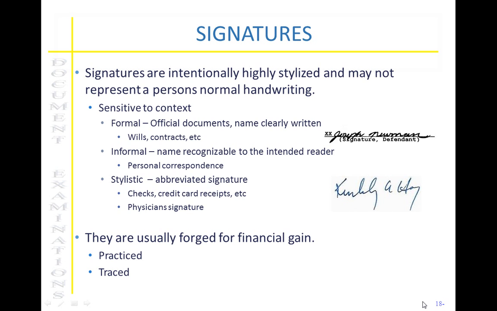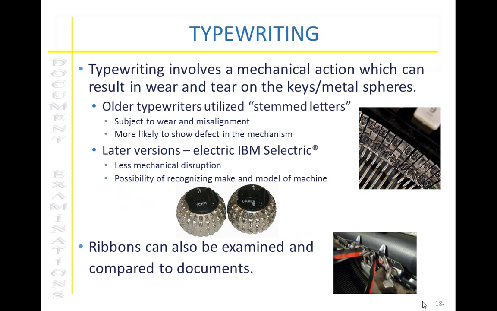So if it's a very formal document, handwriting can appear slightly different than if it's going to be a signature on a very informal type note. But usually it's going to be signatures a lot of times that are going to be involved in your handwriting comparisons, just because a lot of times it's the signatures that are actually forged for financial gain.